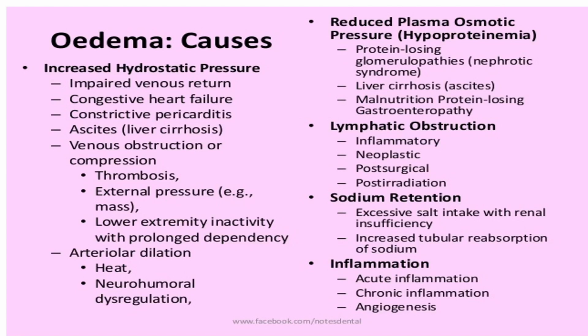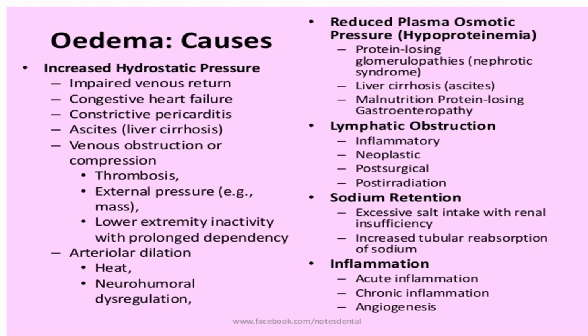So in these conditions, you find that someone actually loses protein in stool. With malnutrition, that's where the intake of protein is actually too low, lower than the recommended daily requirements, resulting in a reduction in total protein, and especially albumin being a very important protein in the body.